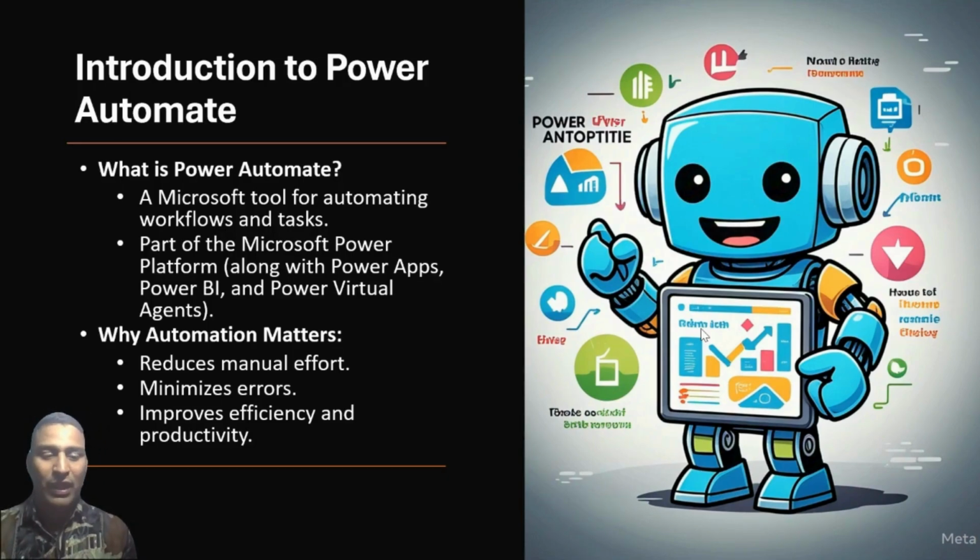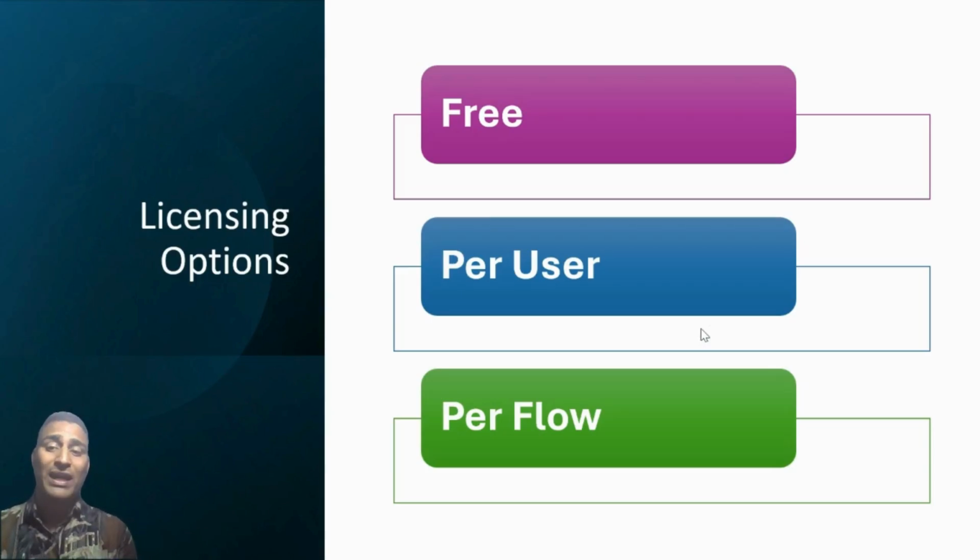So which types of licenses are available to get Power Automate flows? For your information, Power Automate was previously called Microsoft Flow, but in 2022 the name was changed from Microsoft Flow to Power Automate. There are three types of licenses available in Power Automate.